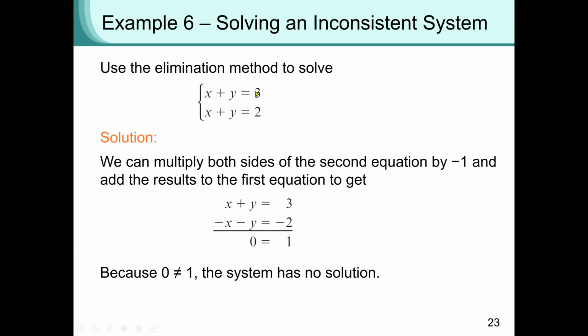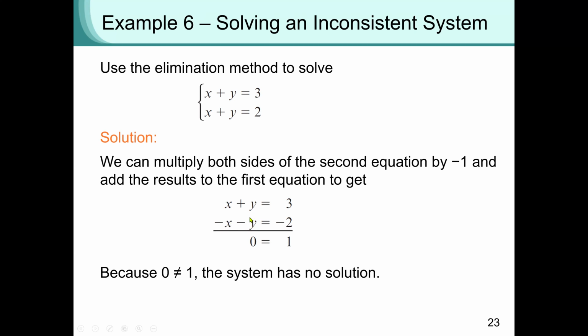We have x plus y equal to 3, x plus y equal to 2. Now we can multiply both sides of the equation by -1 and add. So I'll multiply the second equation by -1. And when I combine, I was able to cancel the x. X is cancelled because x minus x.